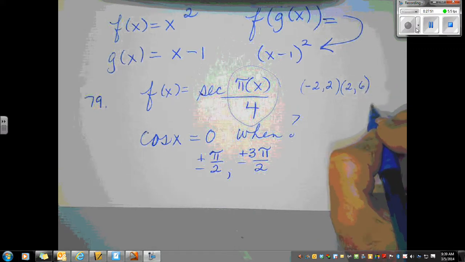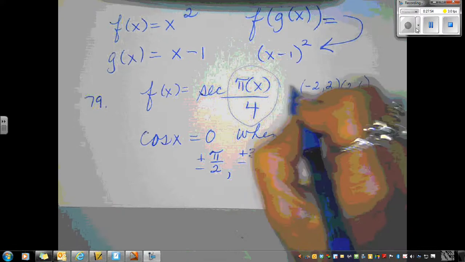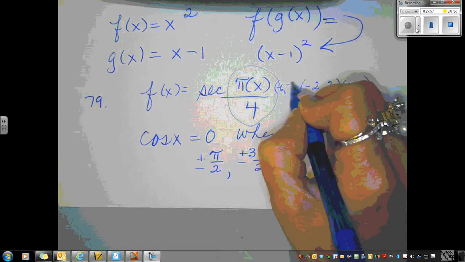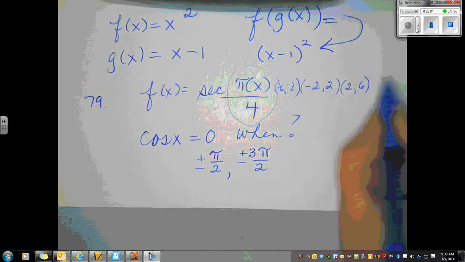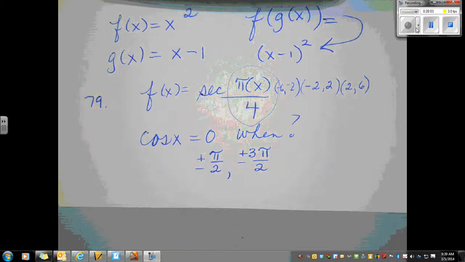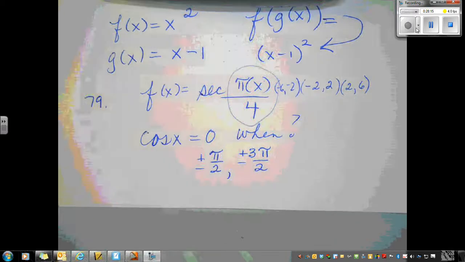You see there's a pattern there? Because I would also have -6 to -2. So now we have to figure out a way to say that every time we hit that 4, after 4 little units, we are undefined, or we are defined.